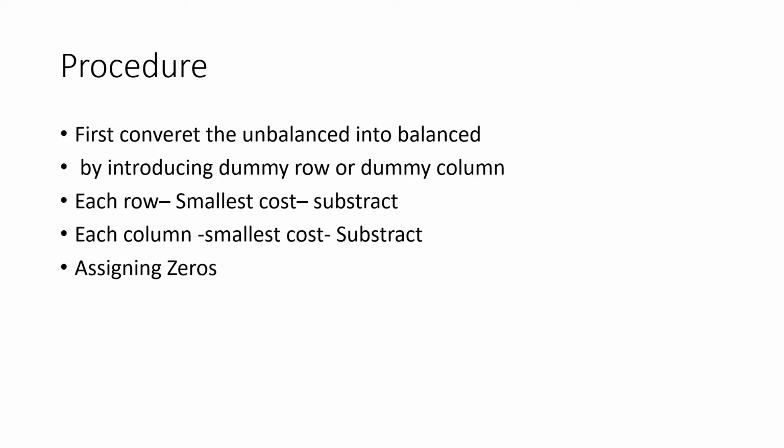The usual procedure: the first step is to subtract each row's smallest cost. In each row we find the smallest cost, and then subtract it from all the elements of that row. We follow the same procedure for the remaining rows, suppose we are given 4 rows or 5 rows.